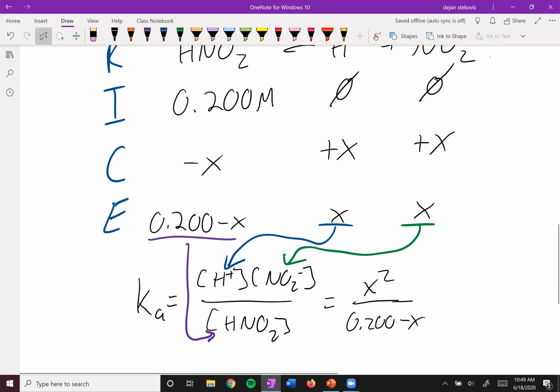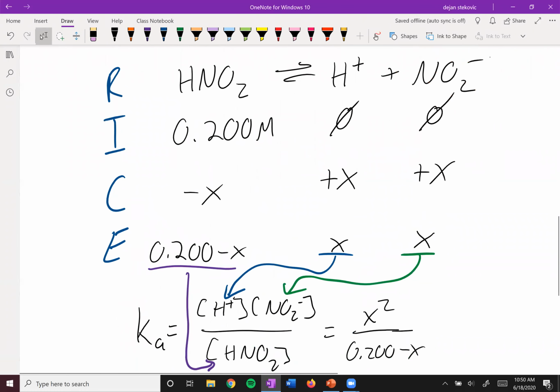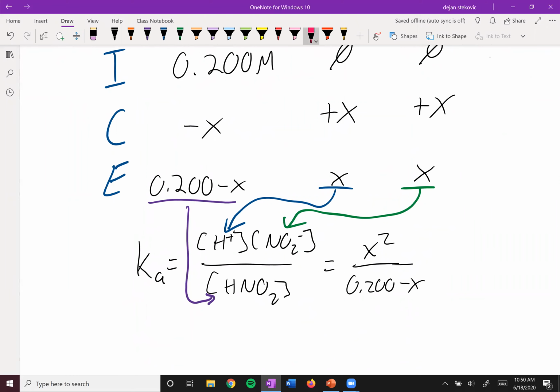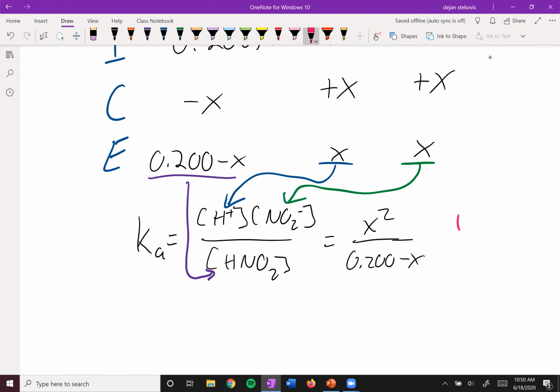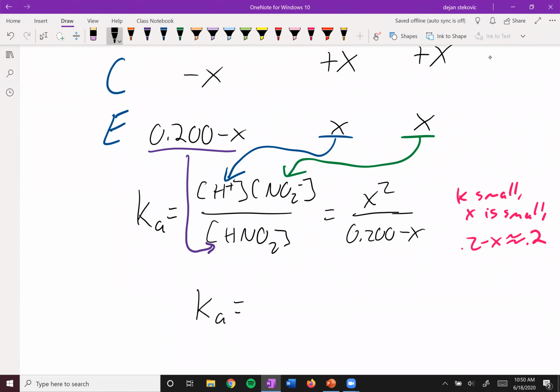And then we're going to use our assumption here. We're going to say that K is small. In this course, you'll almost always be able to use the assumption. So we'll say K is small, so X is small. And so 0.2 minus X is approximately 0.2, so it's not going to make that big of a difference. So we say now our Ka is X squared over 0.200.